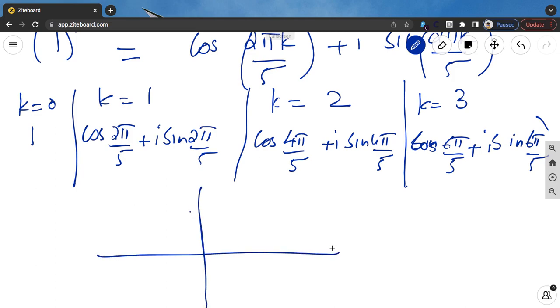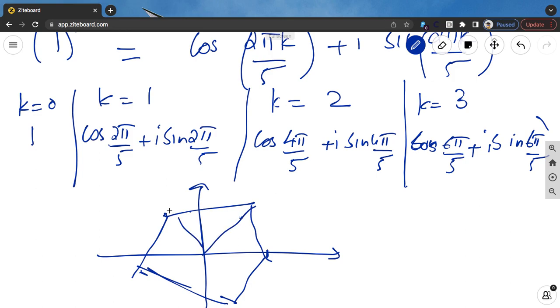Where do you think the numbers are lying? They are now on a pentagon. All on the unit circle. Again, the pentagon is inscribed in a unit circle with radius 1, but the angles are different.